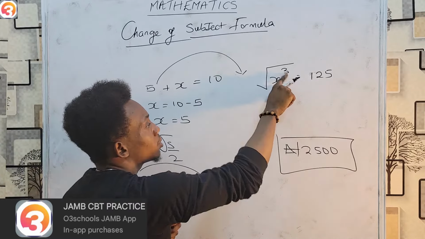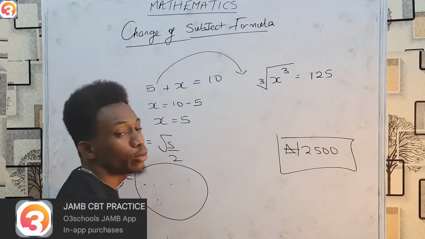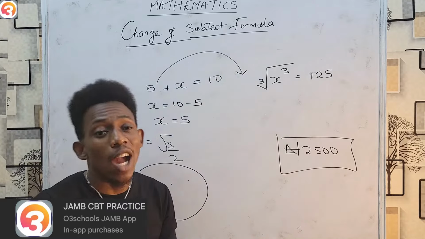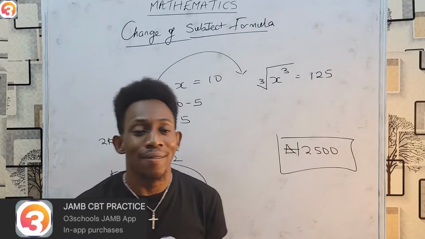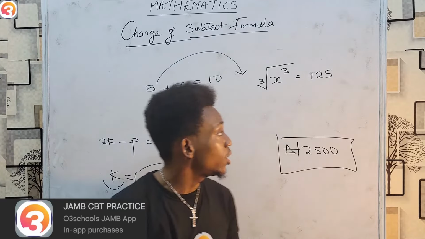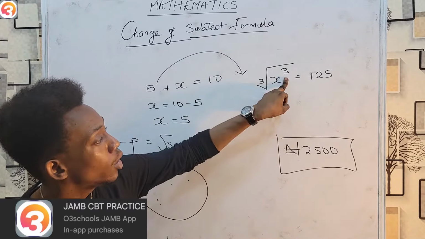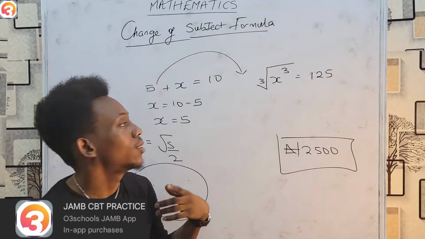That means if the power here is 3, I should find the cube root. If the power was 4, I would find the fourth root. And if the power is 2, obviously, I find the square root.